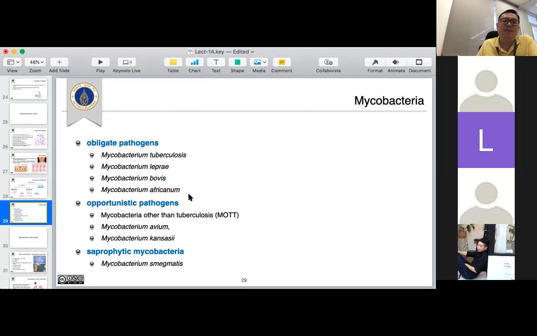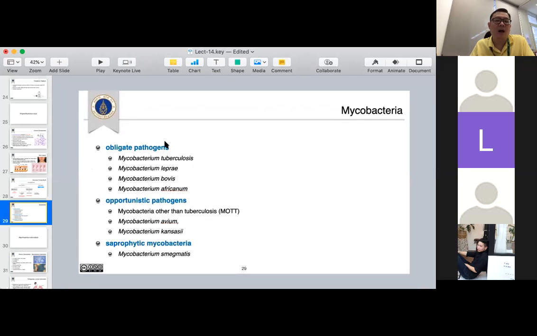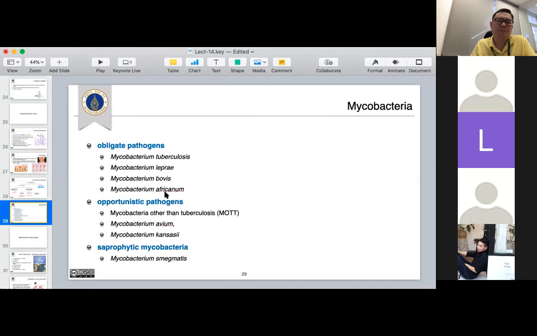But these 3 show slightly different symptoms. So we call Mycobacterium tuberculosis, Mycobacterium bovis, and africanum the Mycobacterium tuberculosis complex, or MTB complex, because they are hard to separate from each other.